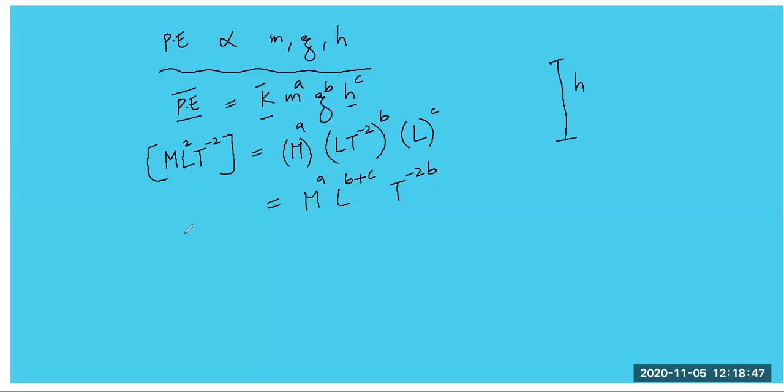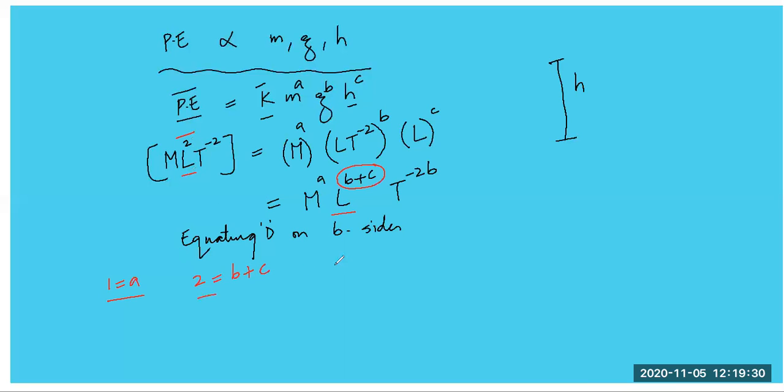So now I equate the dimensions on both sides. What will I get? For M: 1 is equal to a, so a is equal to 1. Second, for length: 1 is equal to b plus c.